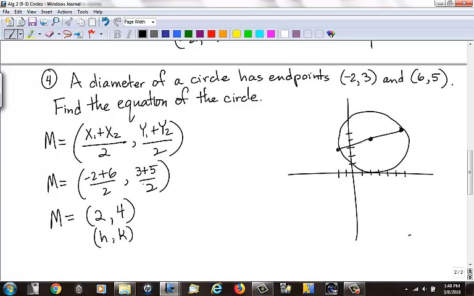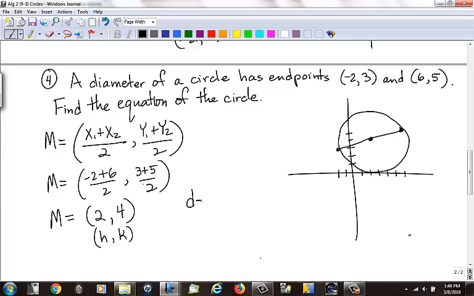That is our center. What else do we need? The center and the radius. You could go from the center out, or you could do the diameter and divide it by 2. Okay, the diameter, what we're really figuring is the distance across.